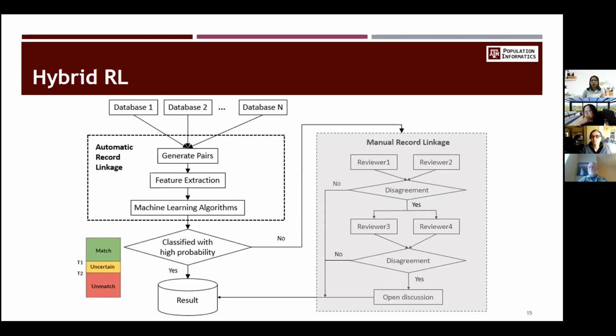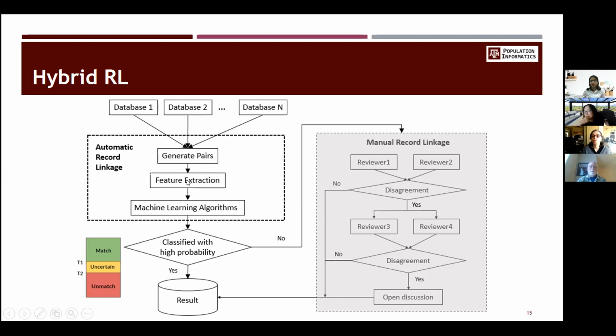This figure shows the hybrid record linkage framework. As you can see, we have 2 main parts here. The first one is automatic record linkage, and the second one is manual record linkage. Suppose we have multiple databases that we want to link together. The first step is generating pairs from them, and then we extract some useful features.